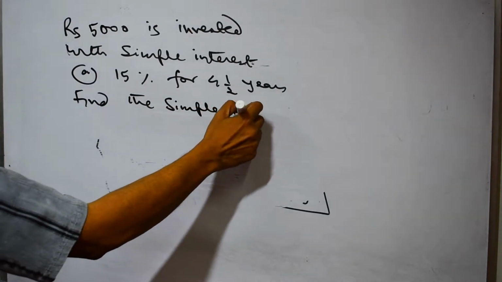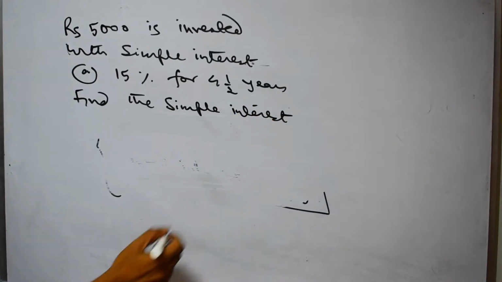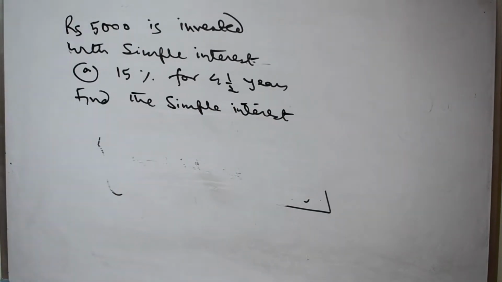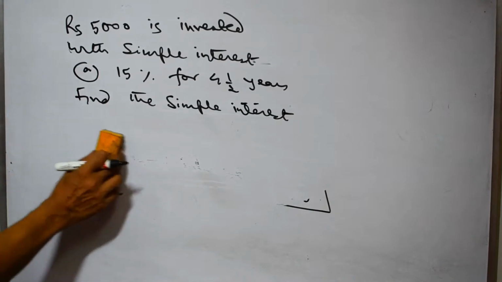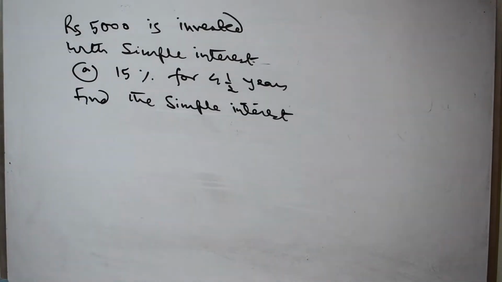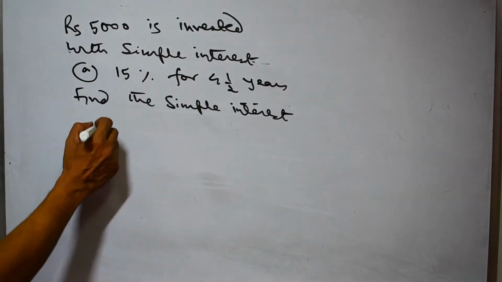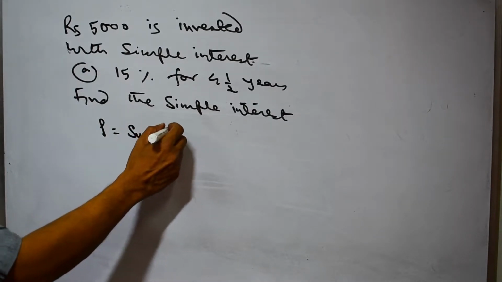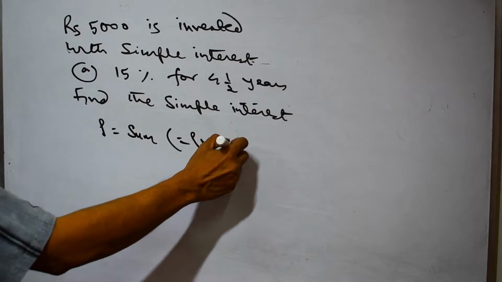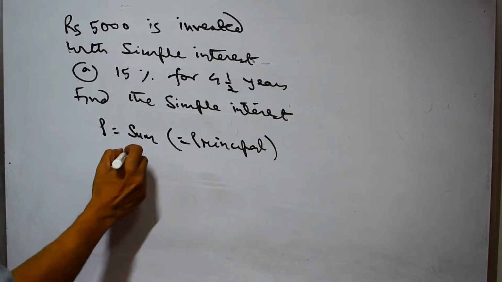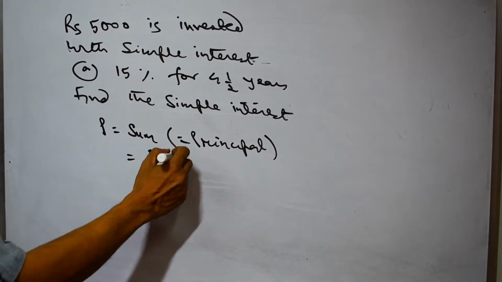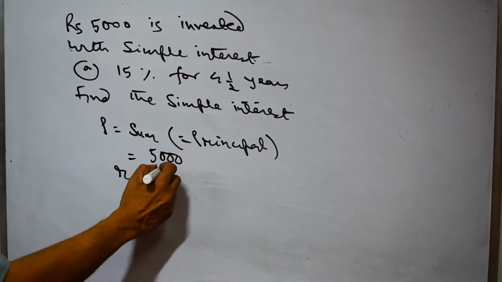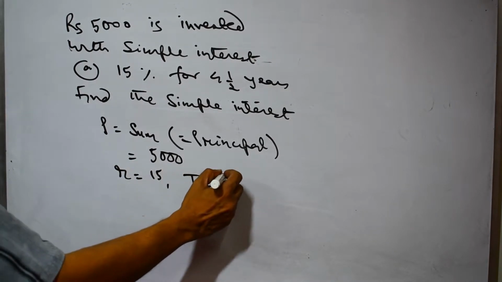So what we need to do here: P is the sum of money we are investing, or principal, which is 5,000 rupees. Rate is 15%. T is 4.5 years.